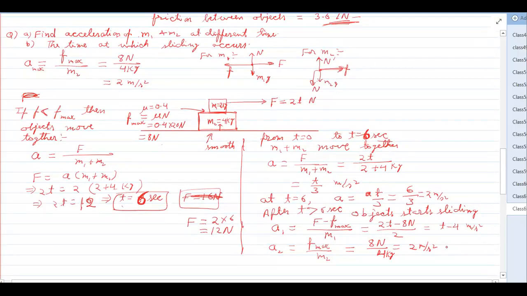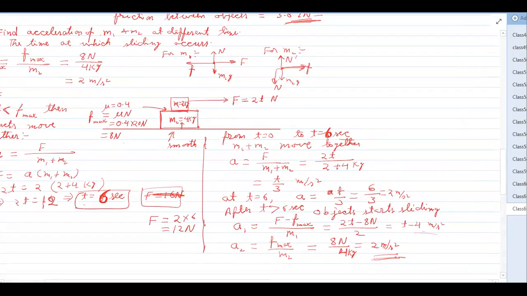But after t equal to 6 seconds, its acceleration is going to be constant, this much. And for the upper object, the acceleration keeps on increasing. So if I plot a graph to indicate how the acceleration varies with time, this is time and this is acceleration for two objects.